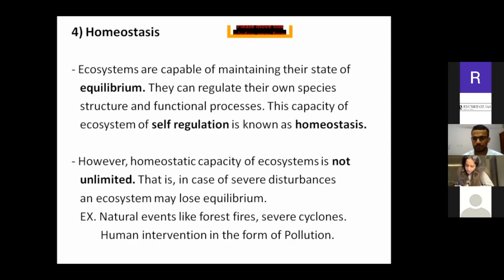Provisioning services have monetary value. For example, food material that we get has monetary value. Timber that we get from plants has monetary value. So provisioning services, you can write, they have monetary value.